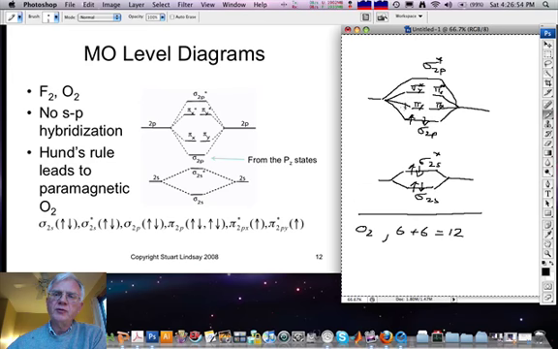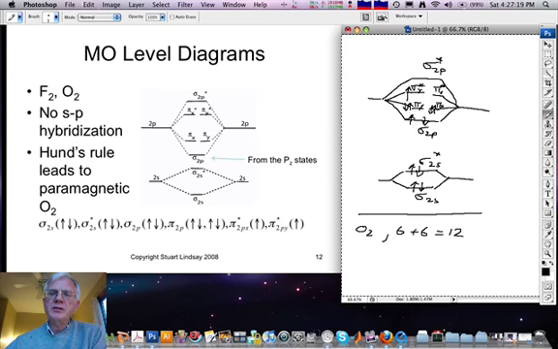Then I'm going to have to draw them here, I guess. And so now we have got 1, 2, 3, 4, 5, 6, 7, 8, 9, 10. We have 2 more to put into the next orbital in energy, which are these pi antibonding states.